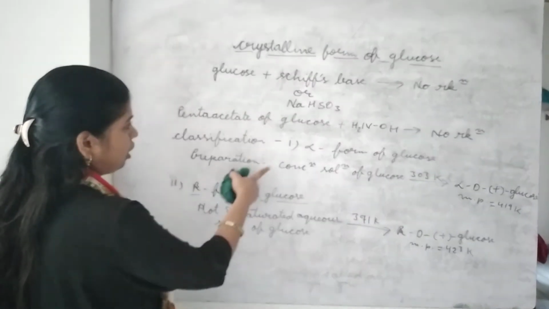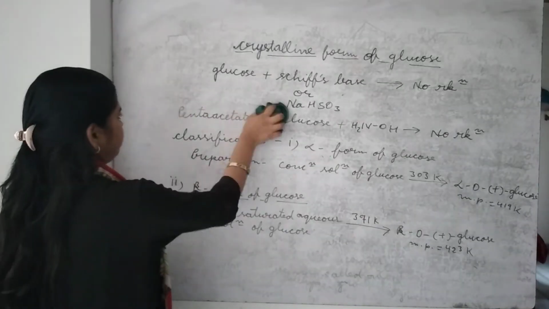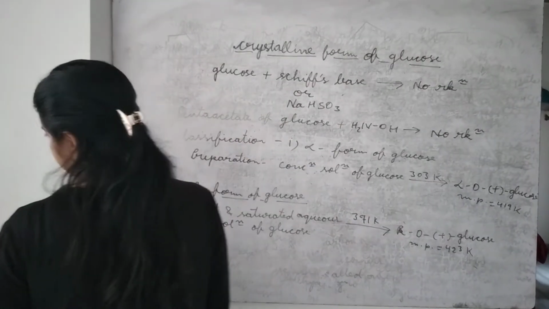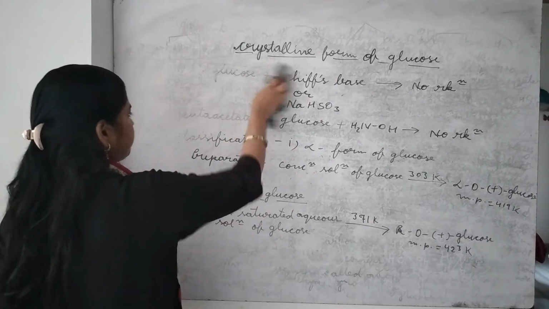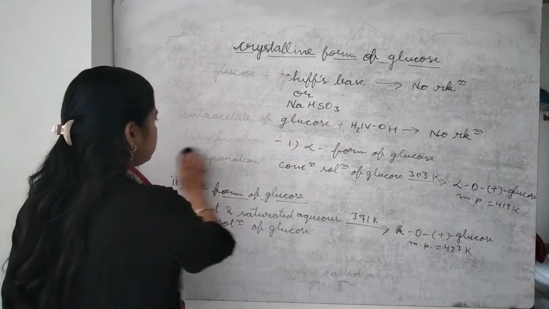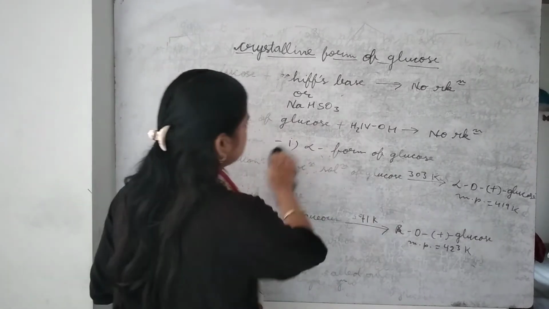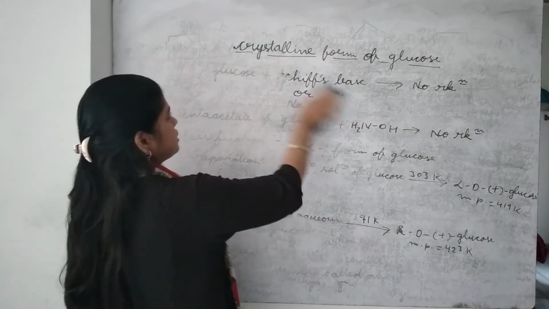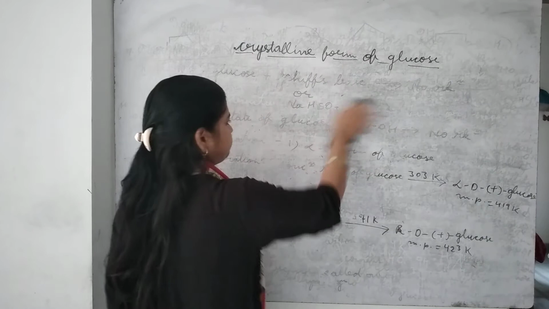So first of all, I will discuss the alpha form and then the beta form. And under this, first of all, I am going to remind you again of the open chain structure of glucose, and through it I will discuss their equilibrium form.